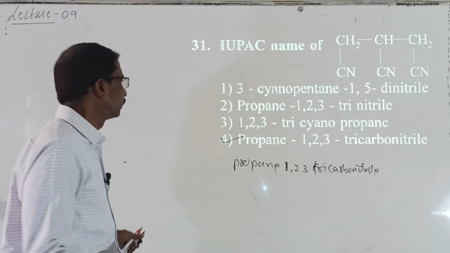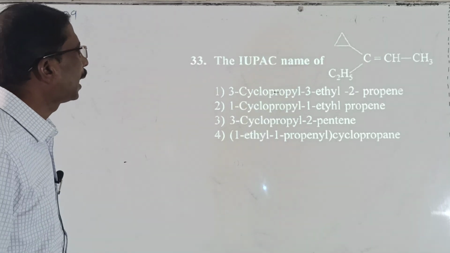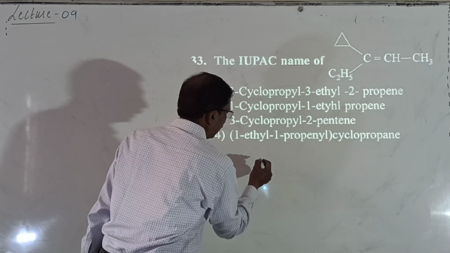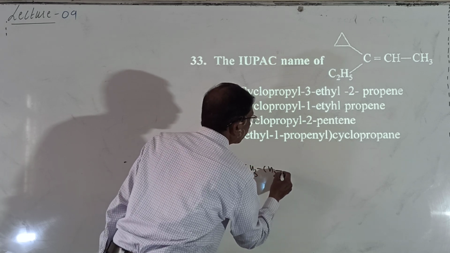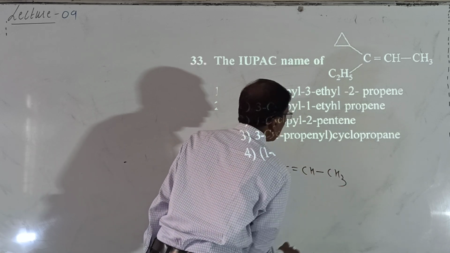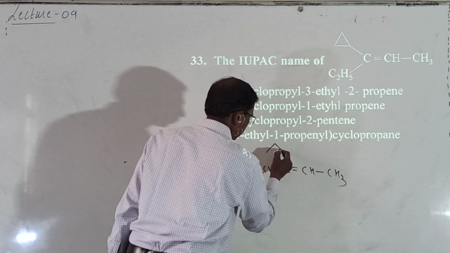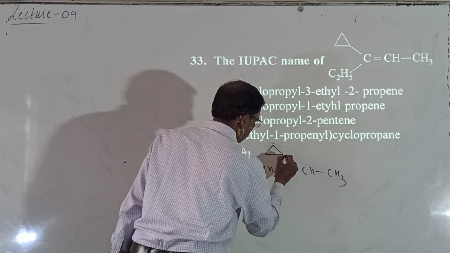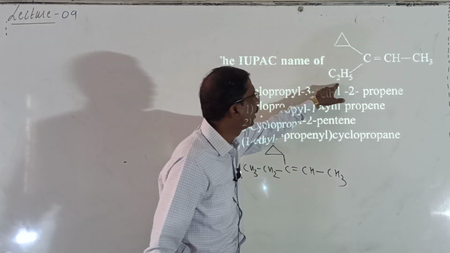Then next one, the IUPAC name of, look here, it is a very important one, and here I will write it in detail. I will write CH3 CH2 C double bond CH CH3, and this is cyclopropane. Look here students, CH3 CH2 means C2H5.